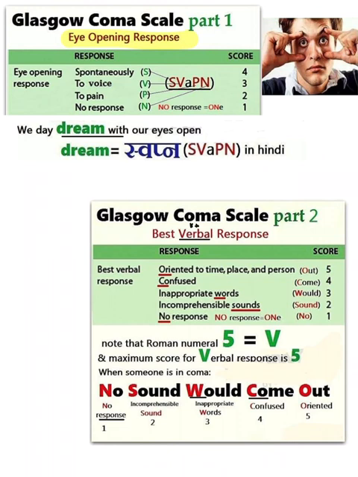Or you can also try this mnemonic, which is also good: Our Country Win. When our country wins, we shout. So O means oriented, C means confused, W means words inappropriate, I means incomprehensible sounds, N means no response. Whichever mnemonic suits you, you can try remembering it.